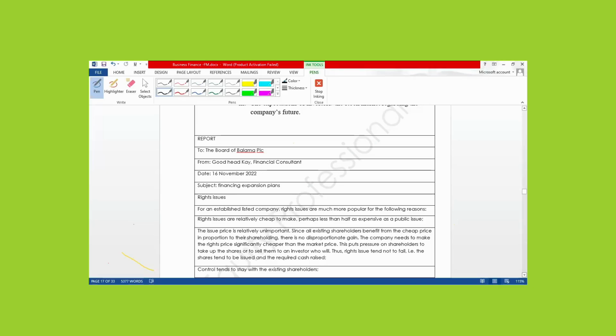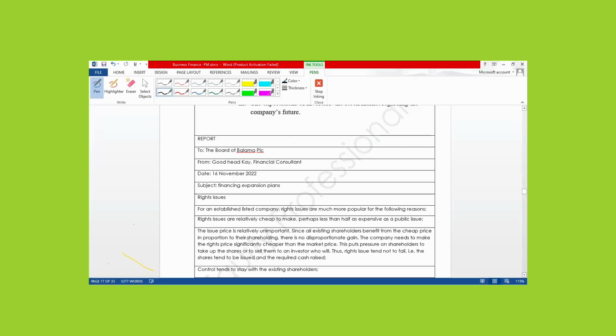The company needs to make the rights issue price significantly cheaper than the market price. This puts pressure on the shareholders to take up the new shares or to sell to another investor.